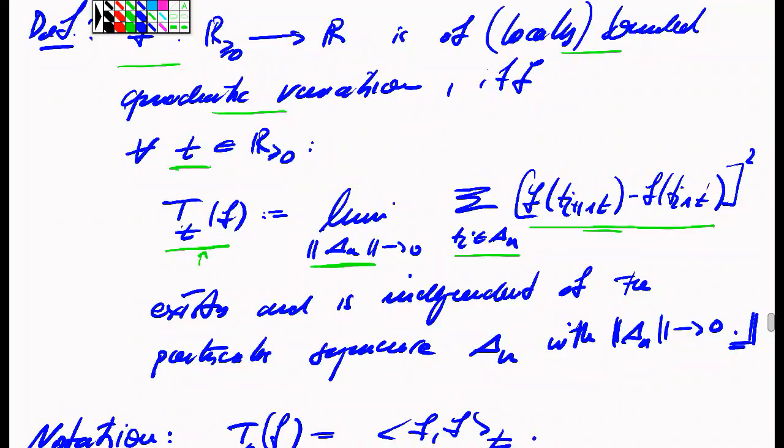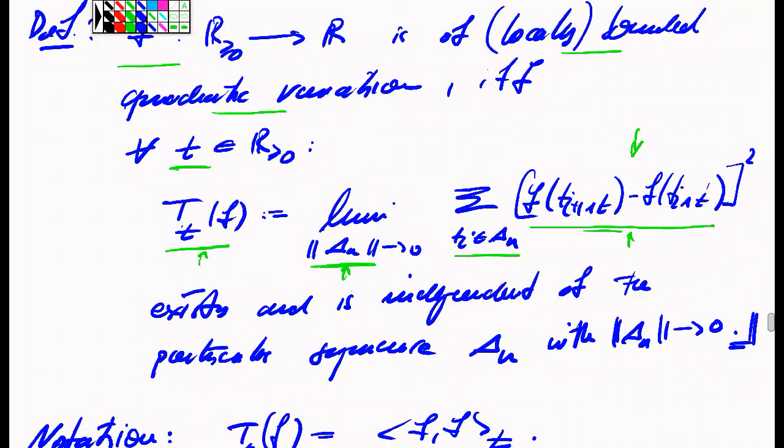If this limit exists, the limit with respect to a sequence of grids whose mesh size converges to 0, and this limit is independent of the actual collection of grids which we were putting into this limiting procedure, then we say that the function f is of finite quadratic variation, where the term quadratic obviously refers to the square operation that we do when we square the increment.